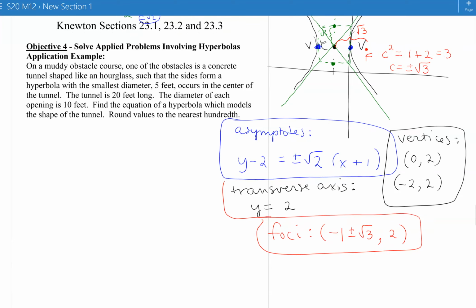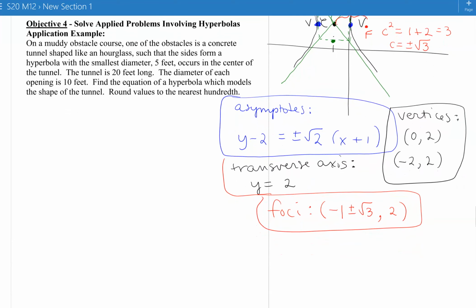Okay, so the last thing I want to do is an application problem. And we have an obstacle course with a concrete tunnel shaped like an hourglass. And the sides form a hyperbola with the smallest diameter, 5 feet, occurring in the center of the tunnel. So they're telling you there's some symmetry happening.